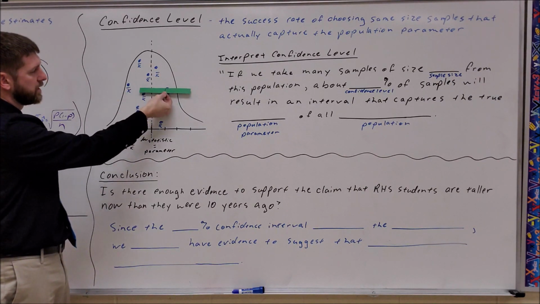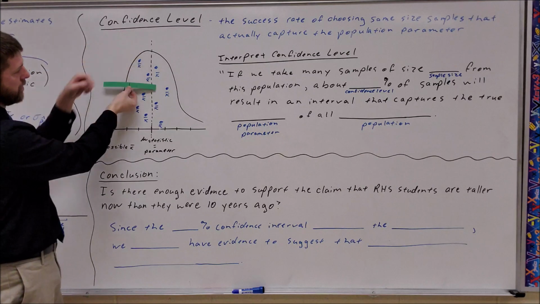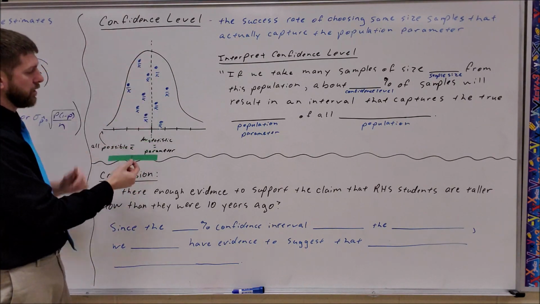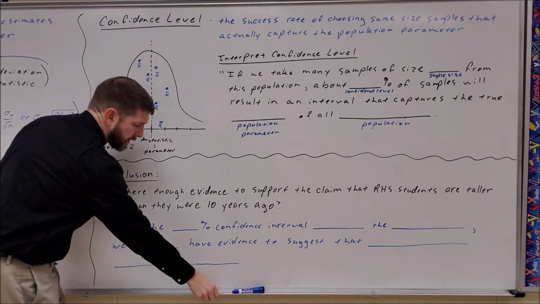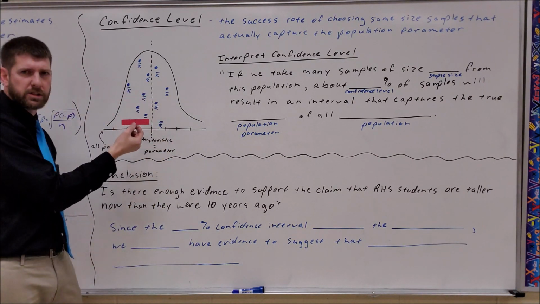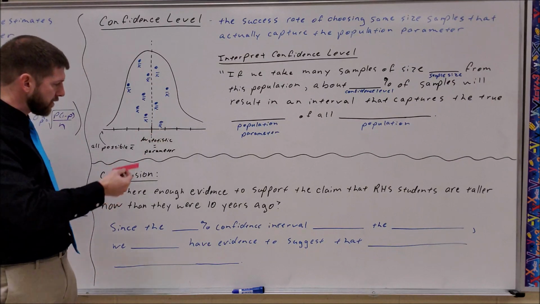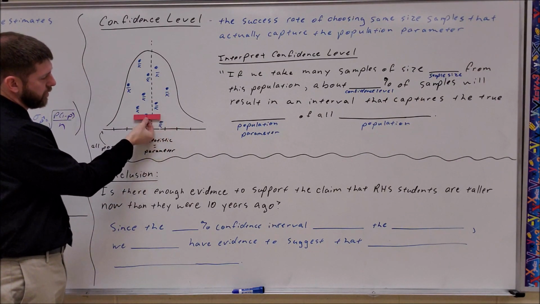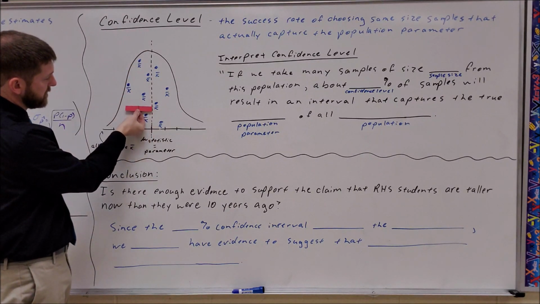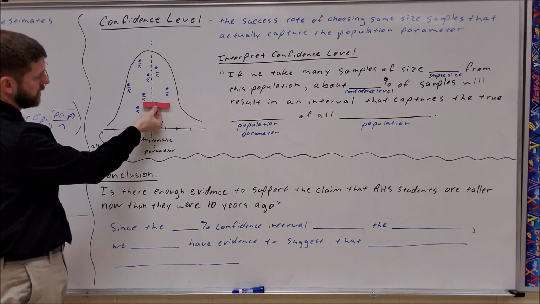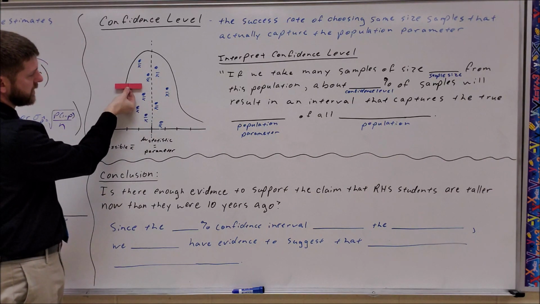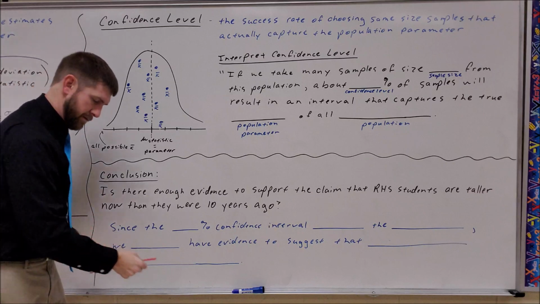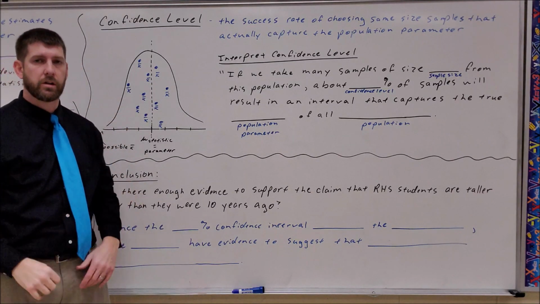All of these happen to capture what's actually occurring in the population. But a different confidence interval, a smaller one with a smaller margin of error, would not always capture. These first few actually capture it, but out here, that one doesn't capture it. This one over here doesn't capture. So these more extreme means don't capture what's really going on in the population.